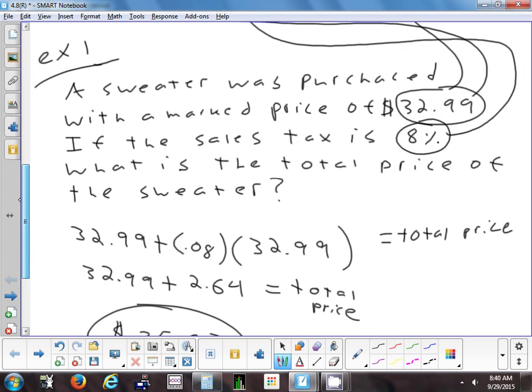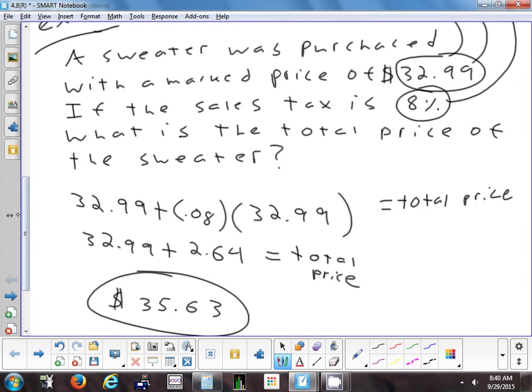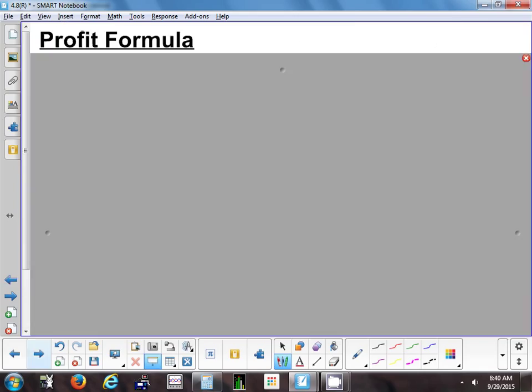That's the sales tax type of problem. So the two things you're going to need to know are the marked price and the percent as a decimal. Questions on that? All right, so that's sales tax.